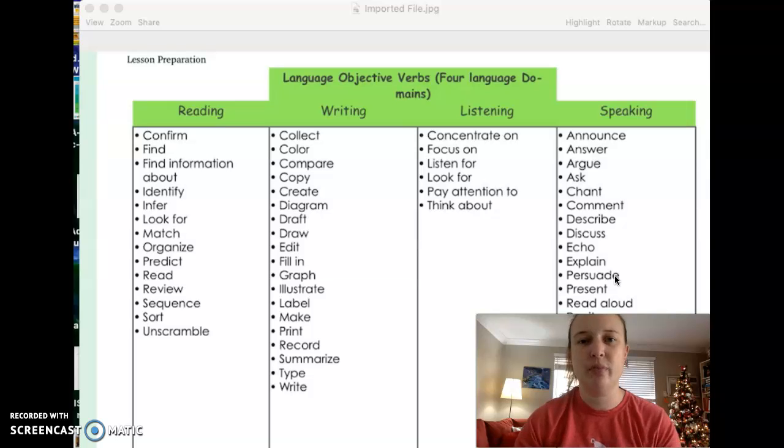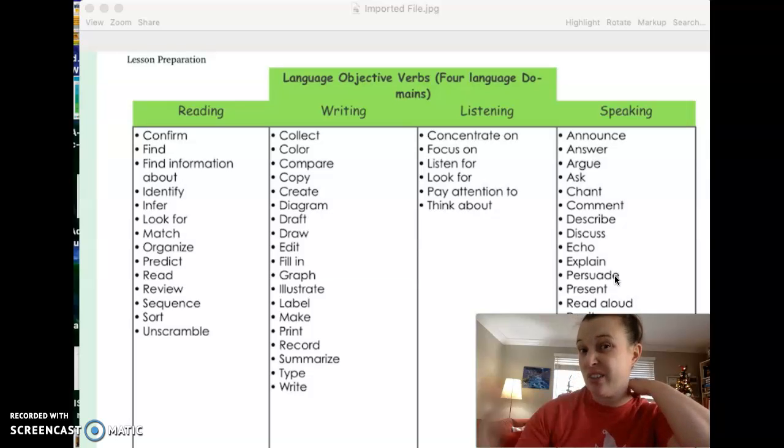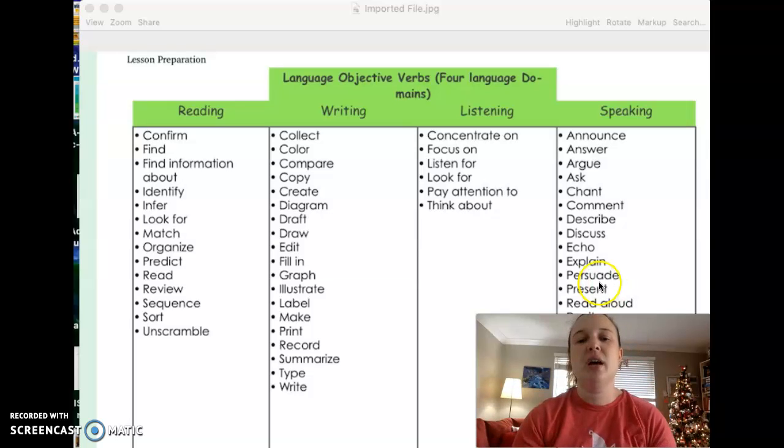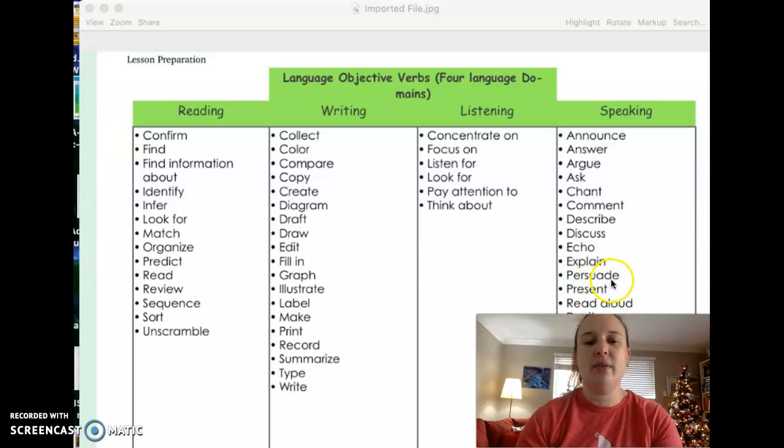In English, we might call those modals. They change the meaning of how urgently something needs to happen. And for persuasion, you'd also need to teach the students how to introduce their arguments, like according to blah, blah, blah, or as I discovered in my research.